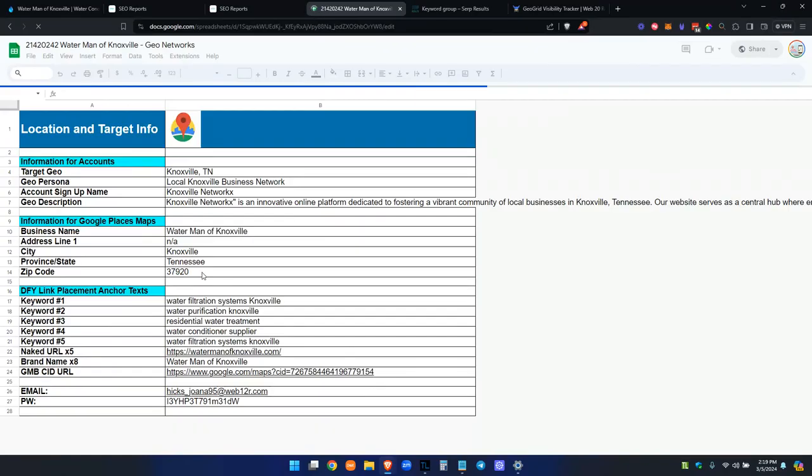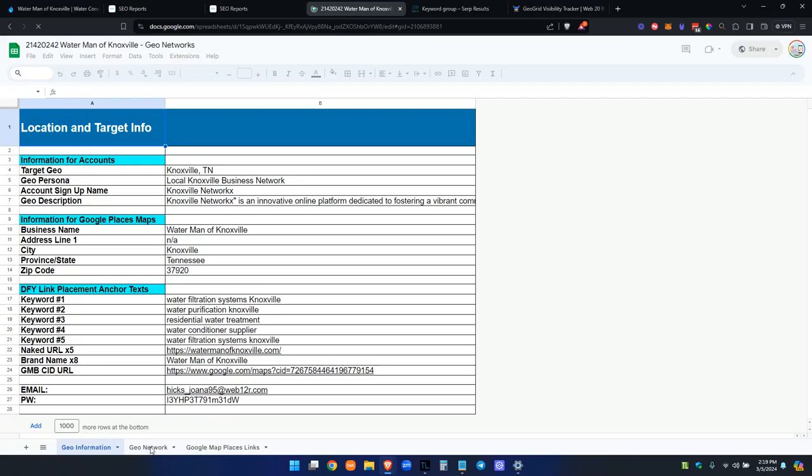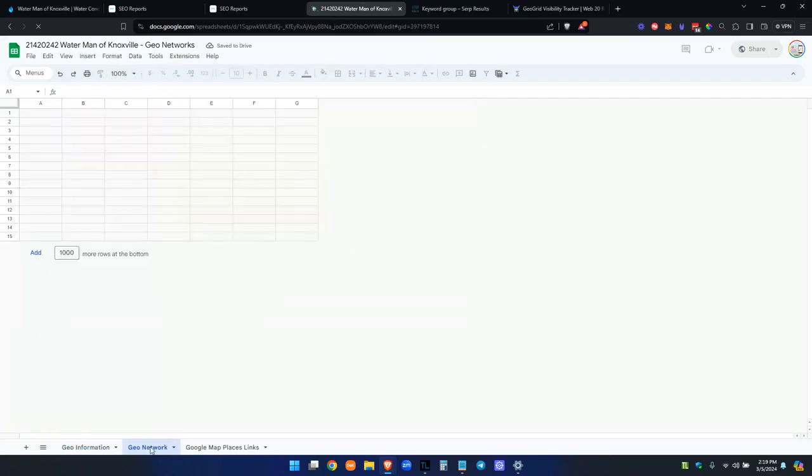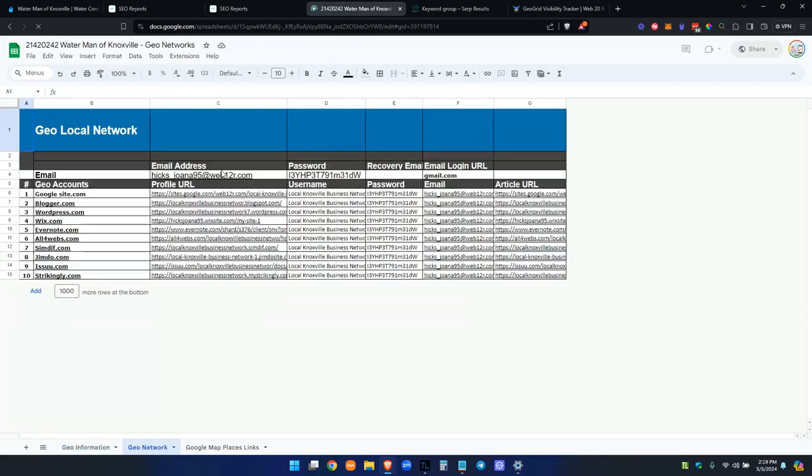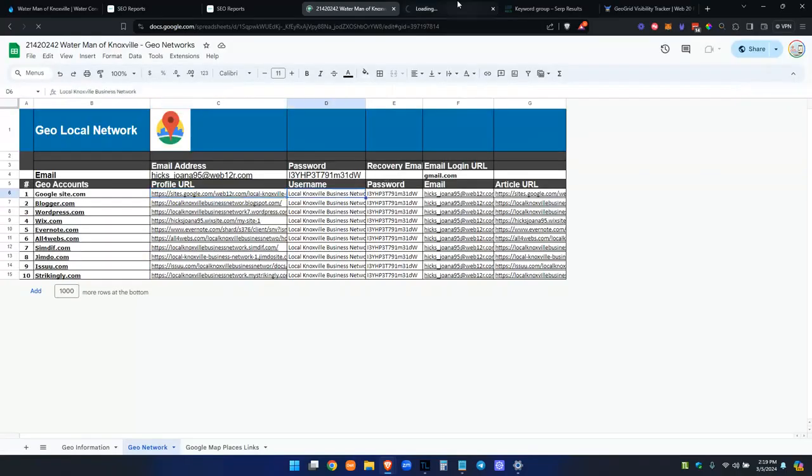We'll pull up one of the deliverables here and just take a look at one of the network sites of the Geo network. So if I pull up the Geo network here, I'll just go look at the Google site. So we have local Knoxville business network.